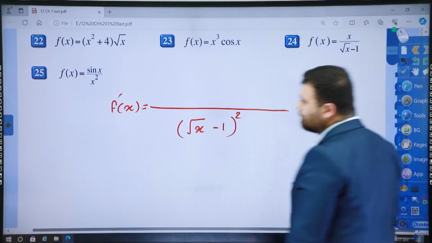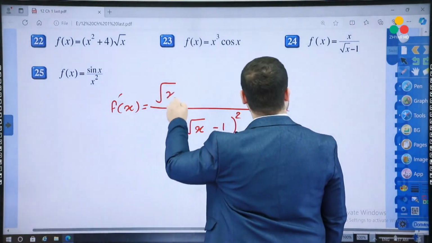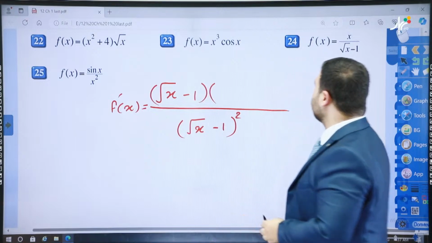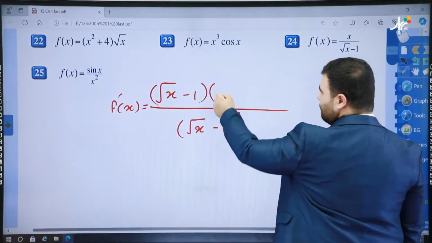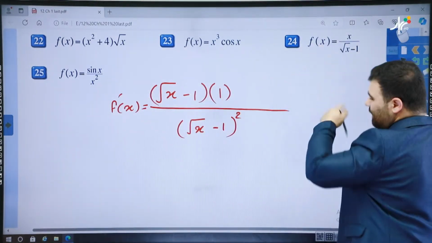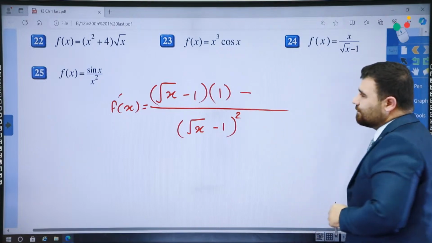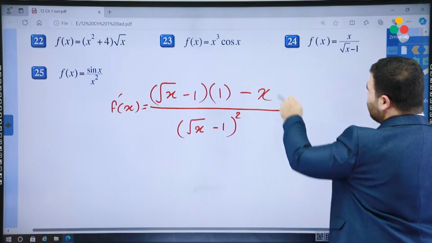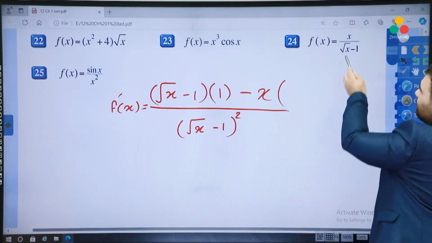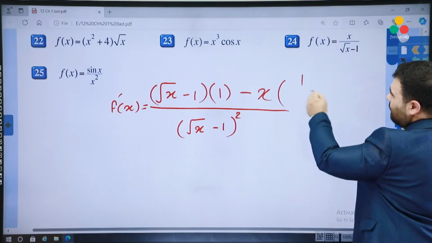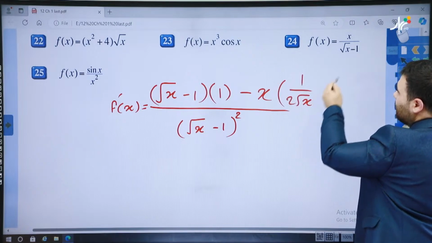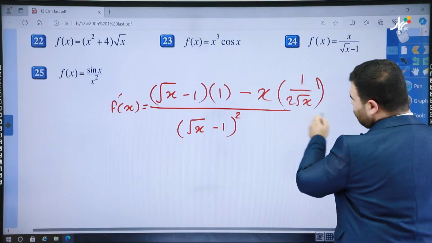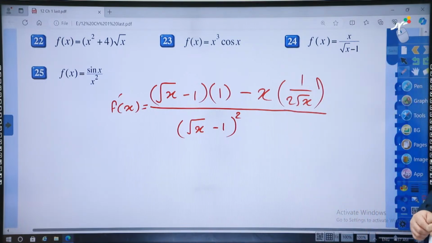Denominator, write it again, times derivative of numerator. Derivative of x is 1. Since it's division, I'll write minus between the two pieces. This time I write the numerator as it is, times derivative of denominator. Derivative of the square root is 1 over 2 square root x. Derivative of 1 is 0, no need to write. Then this is the answer.